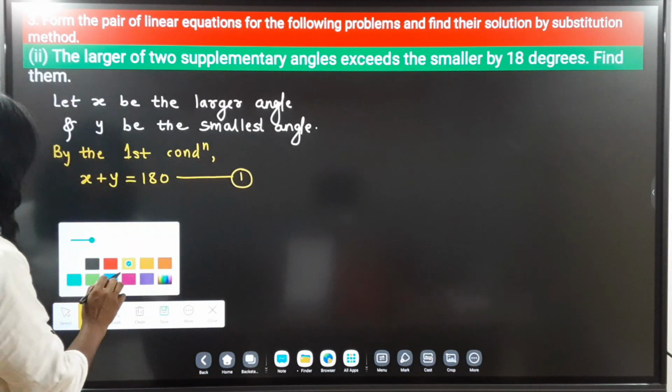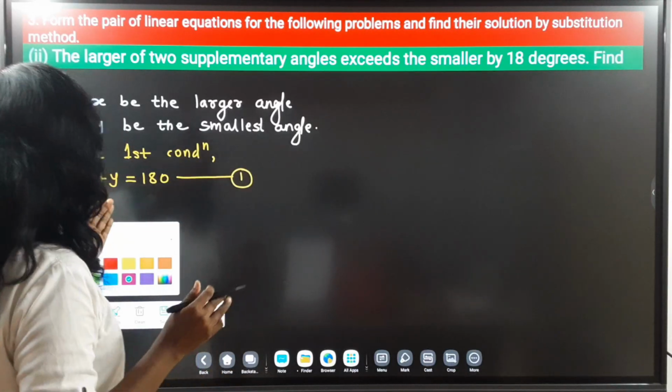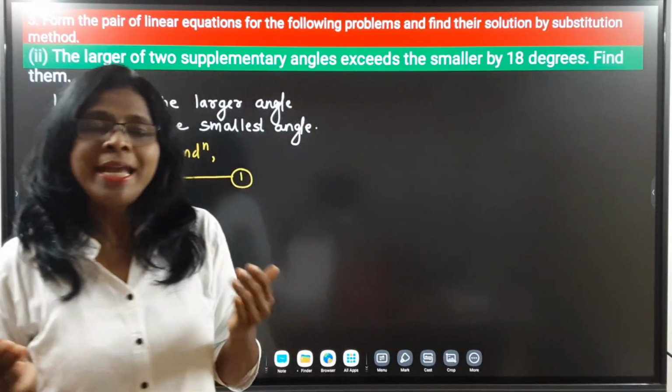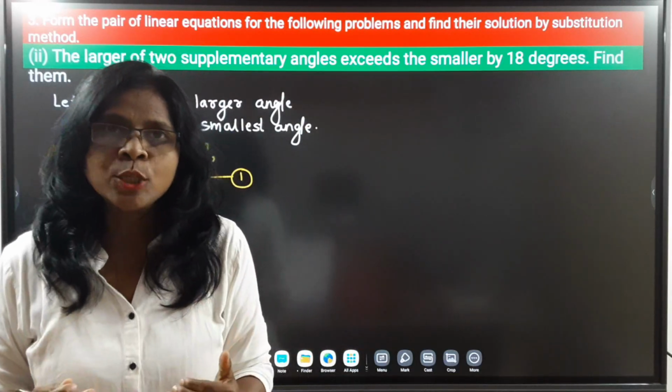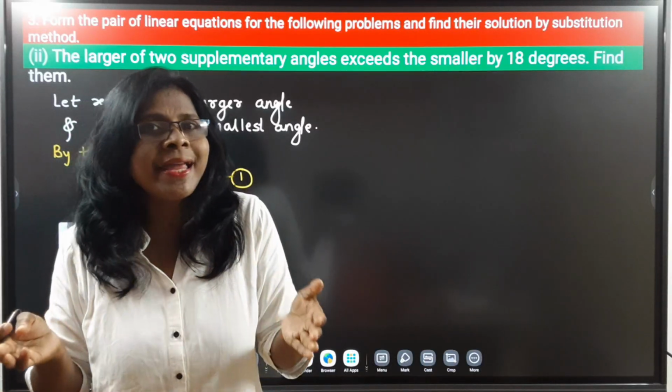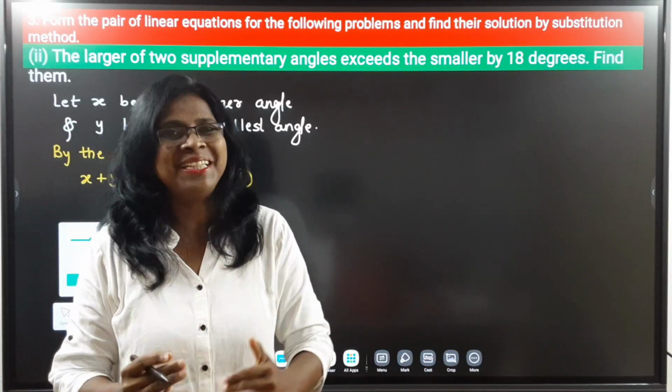Now the next condition: the larger of two supplementary angles exceeds the smaller. Our larger angle is x, the smaller angle is y, and it exceeds by 18. That means their difference is equal to 18.